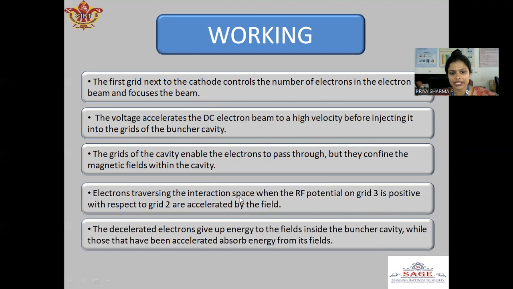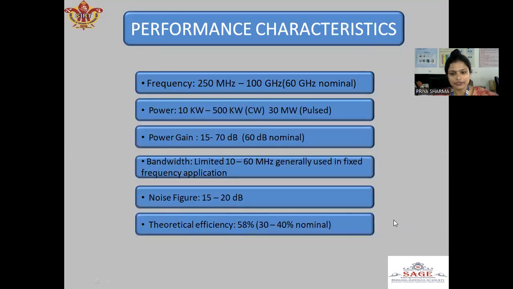Electrons traversing the interaction space when the RF potential on grid 3 is positive with respect to grid 2 are accelerated by the field. The decelerated electrons give up energy to the fields inside the buncher cavity, while those that have accelerated absorb energy from its field.